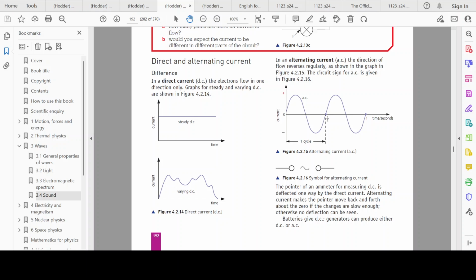Now, this movement of the needle is only visible if it's very slow, right? If the frequency is high, and the alternations of the direction of the electron flow are very quick, then the needle can't keep up.